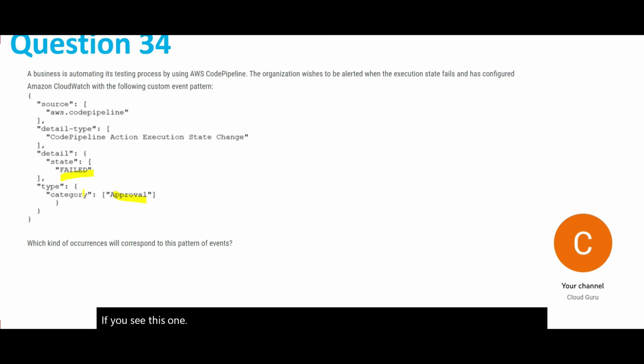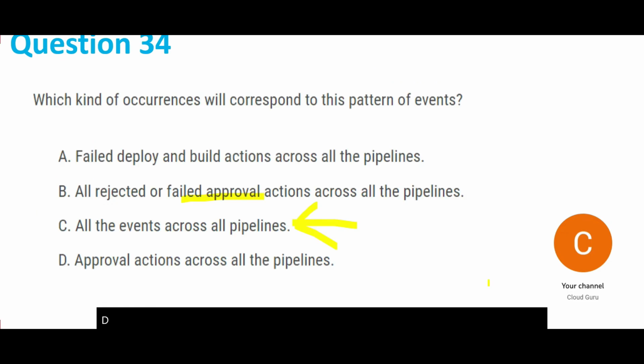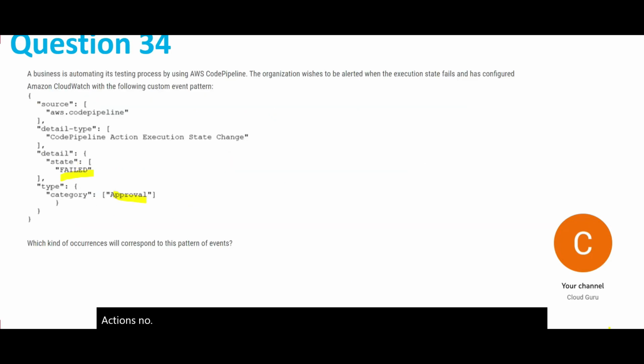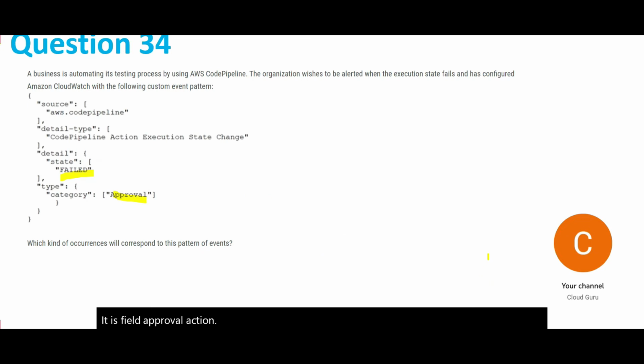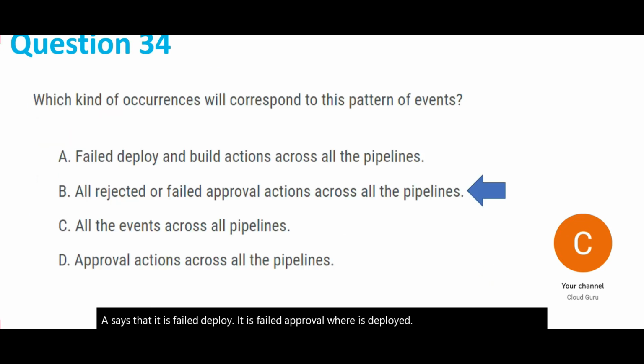You see these two, it is not all events. D says that it is only approval actions. No, it is failed approval action. A says that it is failed deploy. No, it is failed approval. Where is deploy here? There is no deploy here. So this is my final answer.